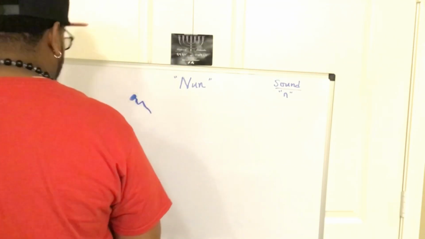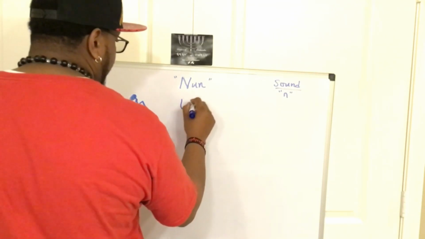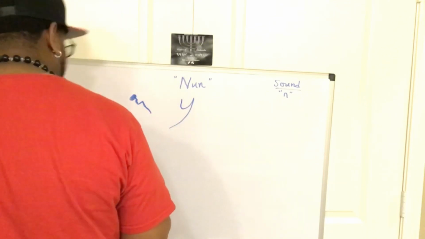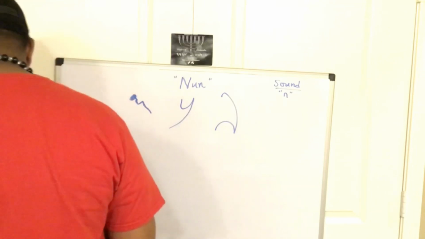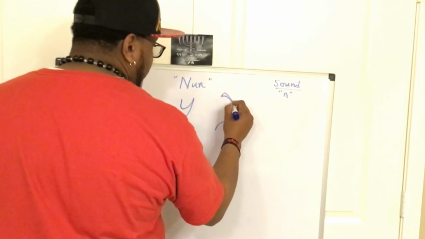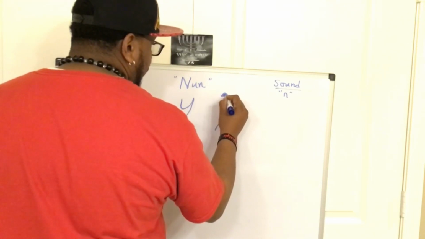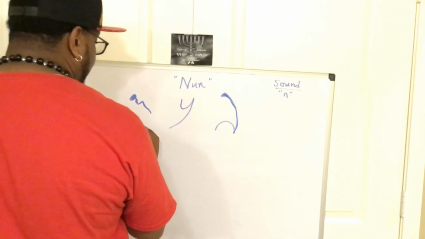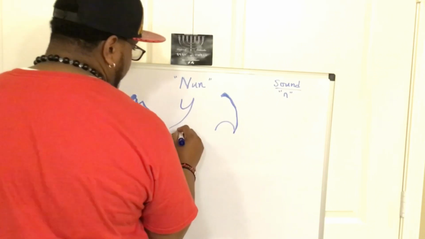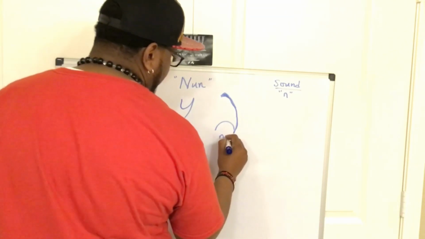See that movement? That is a Nun. I like to darken that sometimes, so you can see the flow of the letter. That is Paleo, Picto, and Modern.